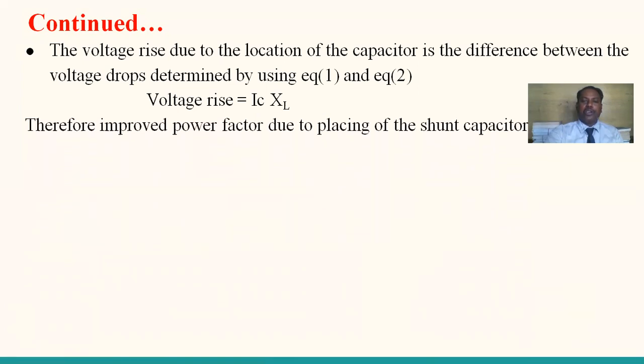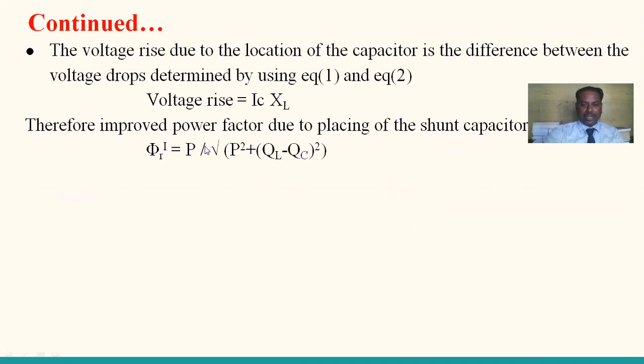Therefore, the improved power factor due to placing of the shunt capacitor is given by cos phi dash, the improved power factor, which is P by square root of P square plus Q square. Q square in the sense it is (QL minus QC) whole square, due to the capacitor installation, so that it has a capacitor reactive power QC.